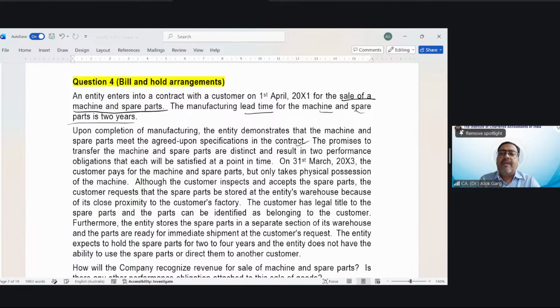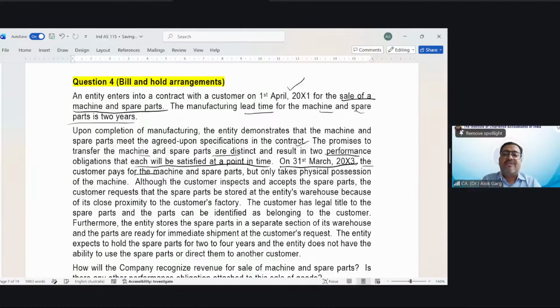The promises to transfer the machine and spare parts are distinct and result in two performance obligations. This is what we already discussed. Each will be satisfied at a point in time on 31st March 20x3. The contract was entered on 1st April 20x1 and this delivery is scheduled on 31st March 20x3. Okay, after 2 years.